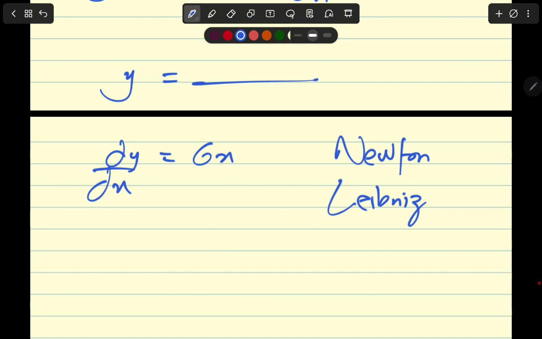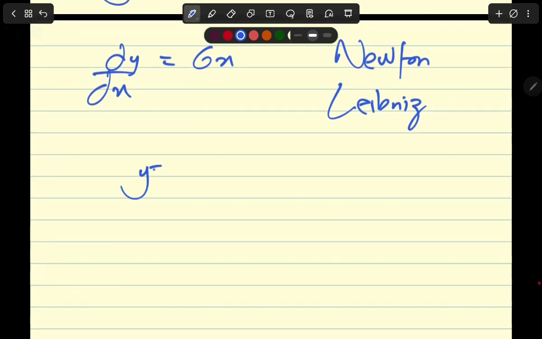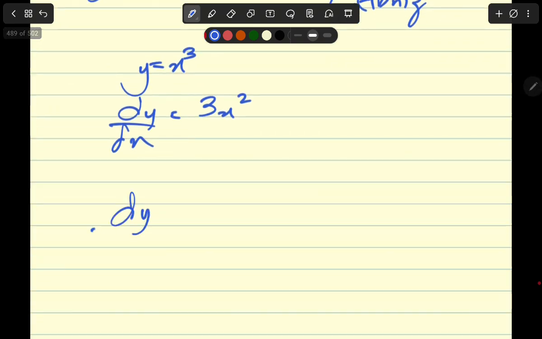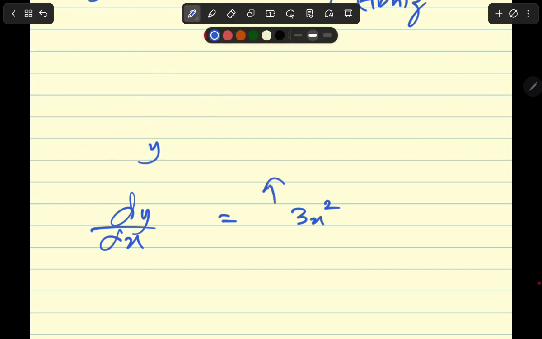Now, let's start with something easy. If you're given y equals x cube and you differentiate it, the power becomes the coefficient and the power gets reduced by 1. So this is nothing but 3x squared. Now, if I ask you to reverse dy by dx, which is 3x squared, and come back to the original function, which is unknown right now, can you come back?